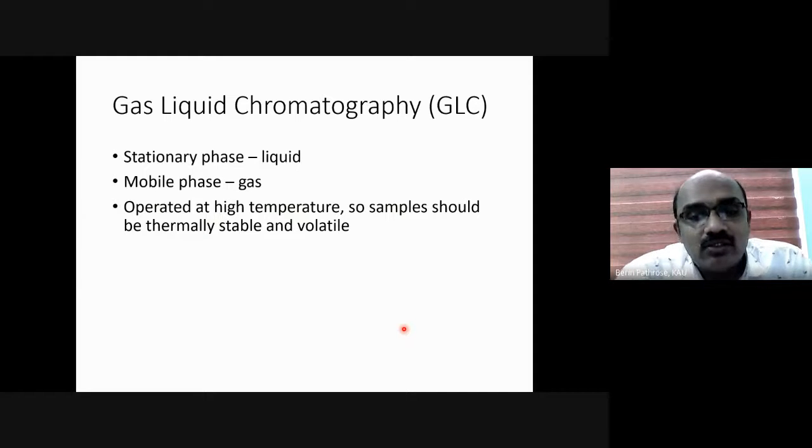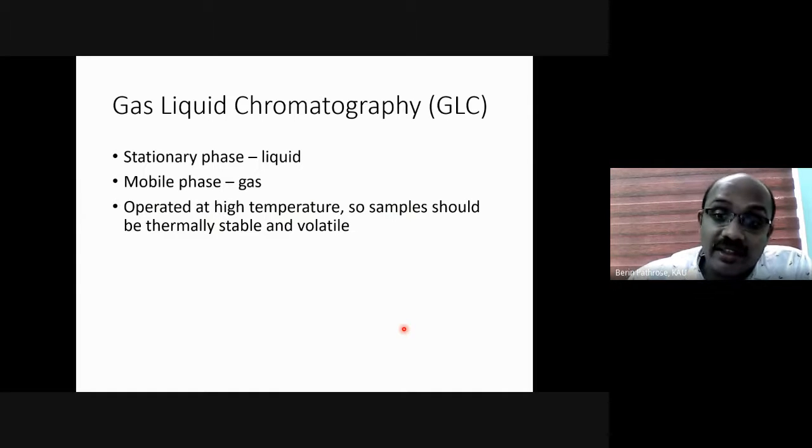Mainly two kinds of chromatography are used in pesticide residue analysis. First one is gas chromatography, GC, but actually the term is gas liquid chromatography. Another chromatographic tool which we use is HPLC, high performance liquid chromatography.